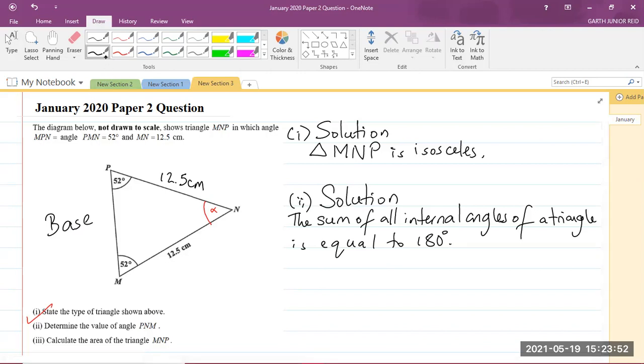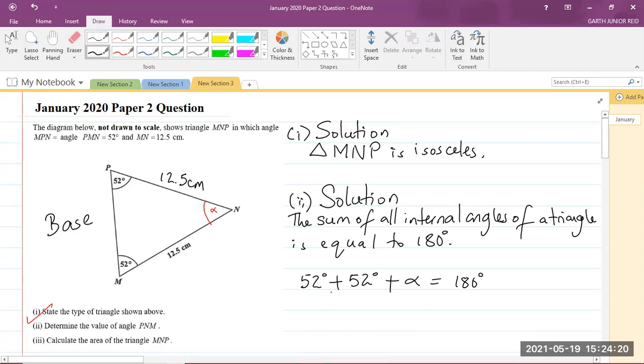So what I'm now saying is that if I add all the three angles of the triangle, that's 52 degrees plus 52 degrees plus our unknown alpha, that angle alpha, when you sum all of those angles on the left-hand side, it should be equal to 180 degrees. That is what we are saying.